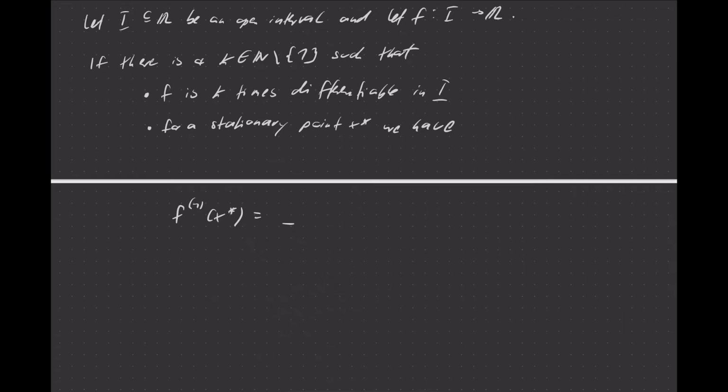And so are all other derivatives up to order k minus 1. And then the kth order derivative here, f^(k) of x star, is not 0. So usually k will be 2, and then you can just say, well, the first order derivative is 0, and the second order derivative is not.